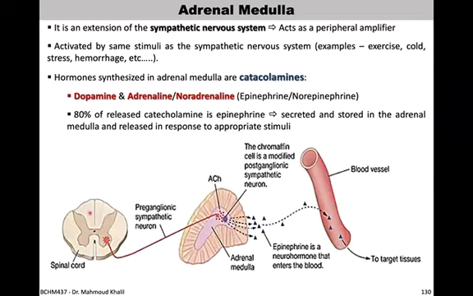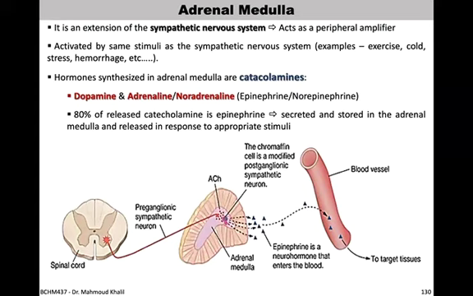So you can see here, the signal comes initially from the spinal cord. The spinal cord has the cell body of the neuron, and the extension, the axon of the preganglionic sympathetic neuron, reaches the medulla, where acetylcholine is released, a neurotransmitter that affects the chromaffin cell.